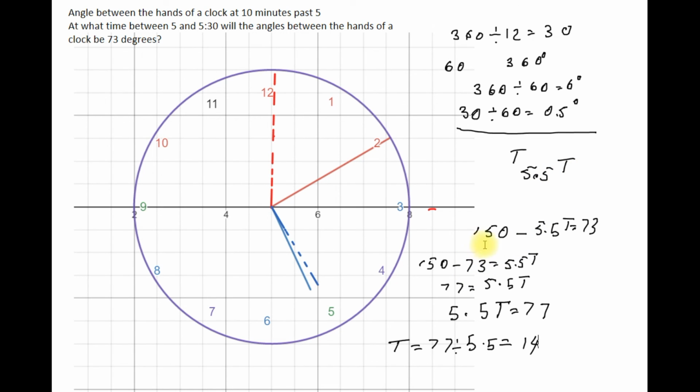We set up this equation, 150 minus 5.5t is equal to 73, which rearranging gives us 5.5t is equal to 77. And the answer is 14 minutes. So at 14 minutes after 5, the angle between the two hands of the clock is 73 degrees.